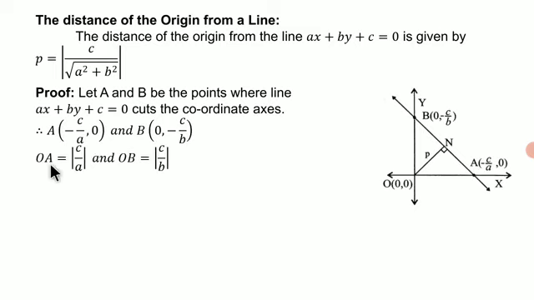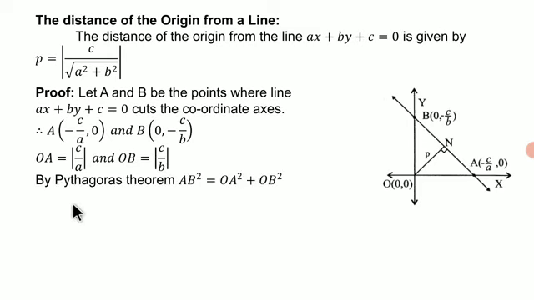So from this we can write the distance of point A from the origin, that is OA. Since it is a distance, it is always positive, so OA is equal to modulus of c upon a, and the distance of point B from the origin, that is OB, is equal to modulus of c upon b.